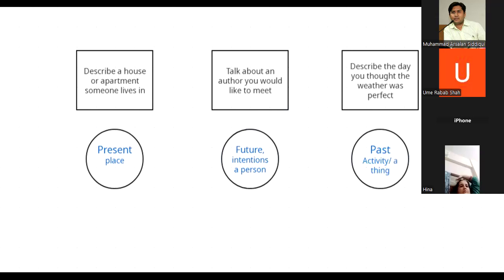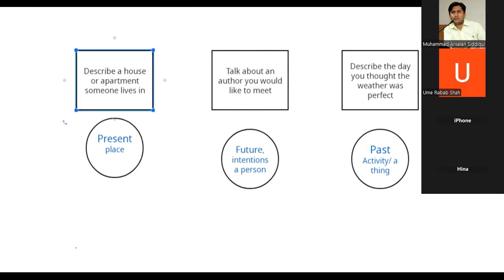So within a quick span of time, you can see that most of the house description is in the present. Now the same thing happens if this topic can be in the past as well.